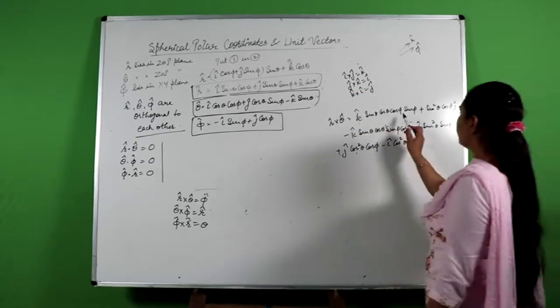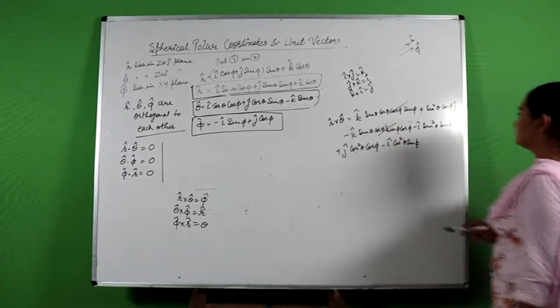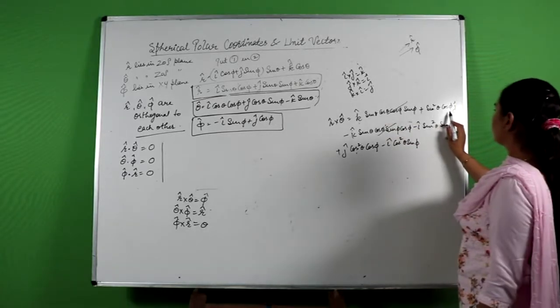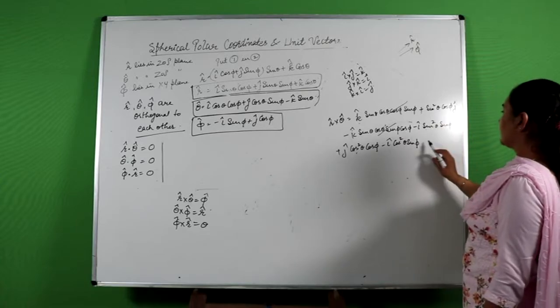Now I see sin theta cos theta terms, I can cancel these. Now I am left with sin square theta cos phi and sin square theta sin phi.